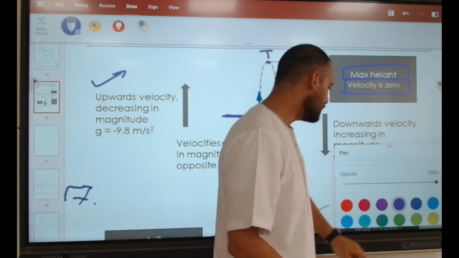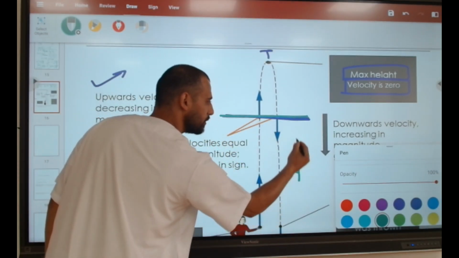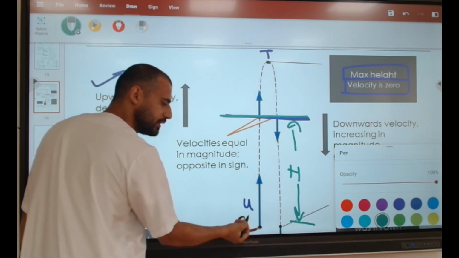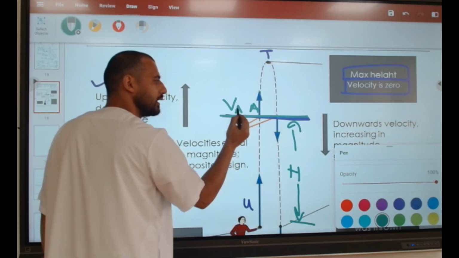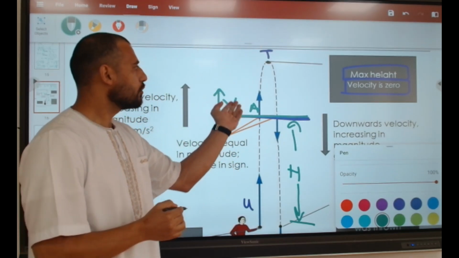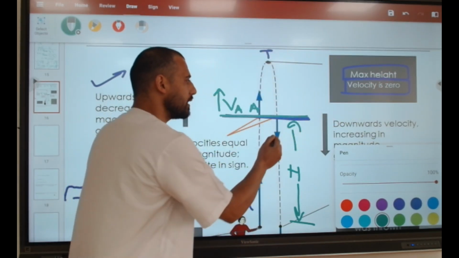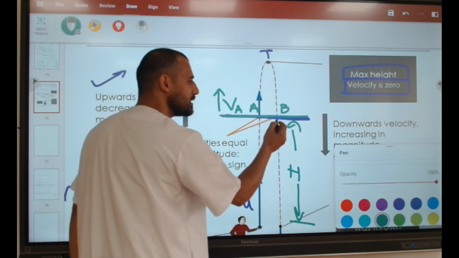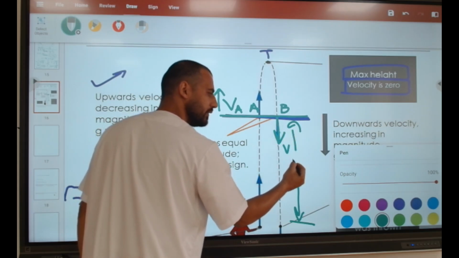So that means, if for example I'm talking about this height, which is height h above the ground, at this height above the ground, I throw the ball with u. So at this point, say this point is A, the velocity is v_A, and what will be the direction? Upwards, isn't it? Because it still wants to go up. So when it reaches the top, velocity will be what? 0. But then when it is coming back, and it will come back to point B, at this point the velocity will be downwards, and the velocity which is downwards will be v, isn't it?